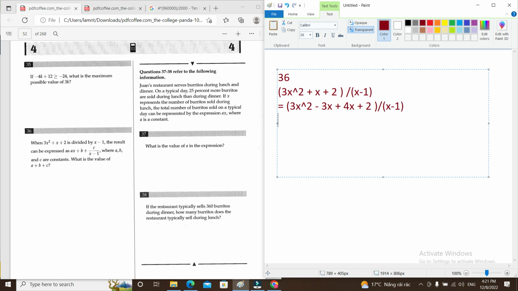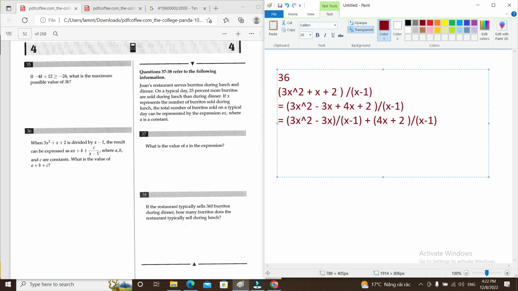So I'm going to demonstrate it. You can separate it into two fractions: (3x squared minus 3x) over (x minus 1) plus (4x plus 2) over (x minus 1).